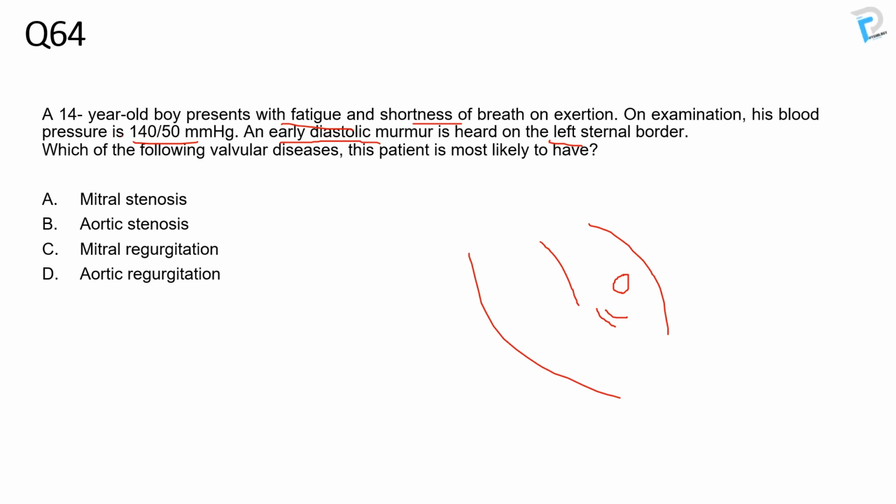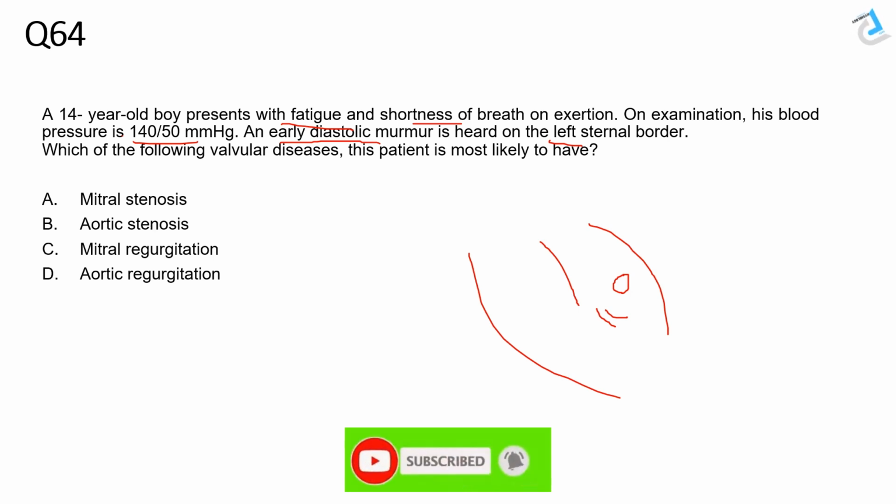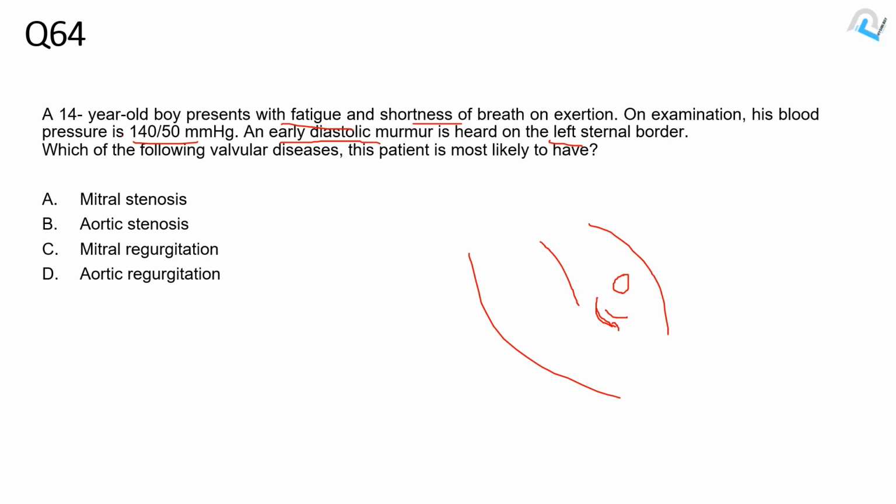A diastolic murmur can be because the mitral valve is not opening, which we call mitral stenosis, or aortic valve regurgitation. So which one of them? If we look at the systolic reading here, the systolic pressure is high, and that already excludes mitral stenosis.